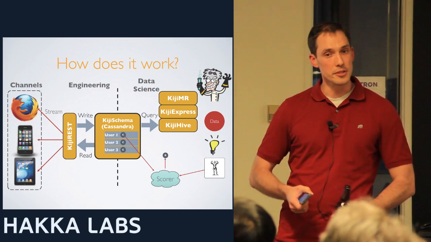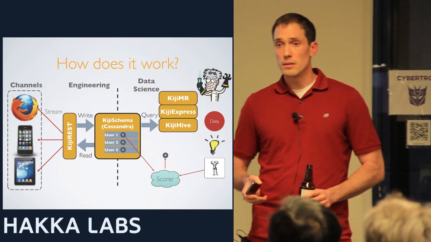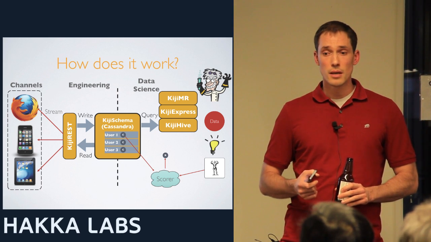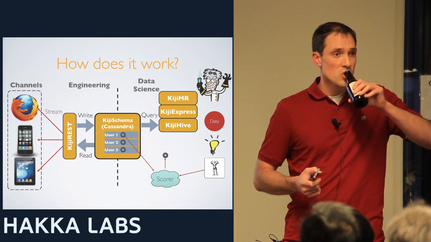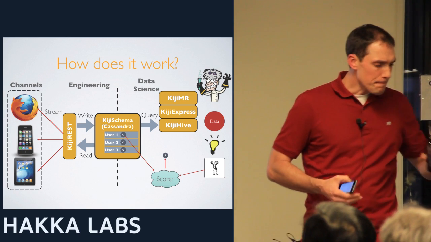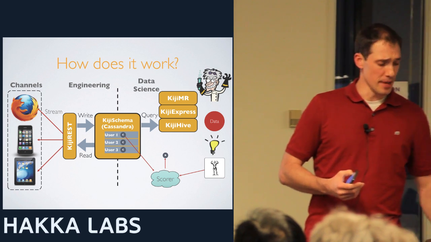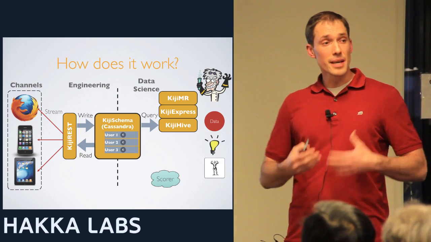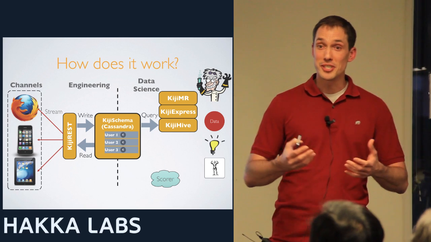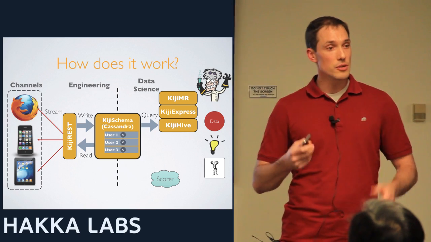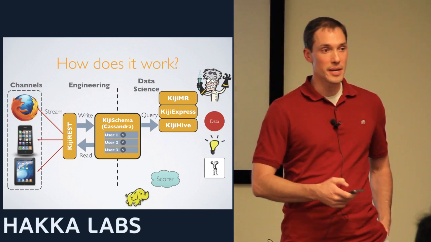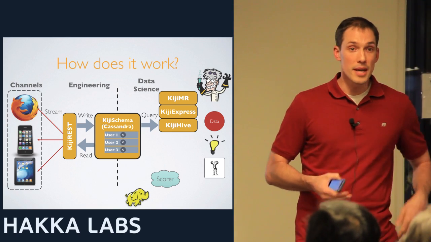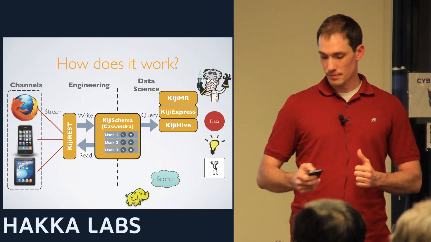Again, in our example, this would be a list of recommended products for a customer, but it could just as easily be anything else. Any other kind of prediction about the customer's behavior, for example. If the data scientist wants to apply these machine learning models in batch over all of the different users in our database, he can do so using Hadoop and KijiMR. But as we discussed, this is not the best approach.